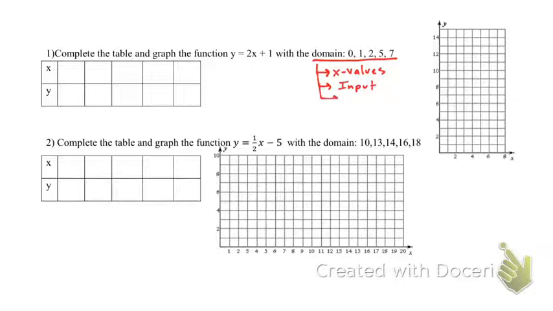It also means your independent variable. Okay? So because we know our domain, I could actually put the domain in the x row here. So I'm going to just copy all my numbers of the domain into this table for the x row. So 0, 1, 2, 5, 7.